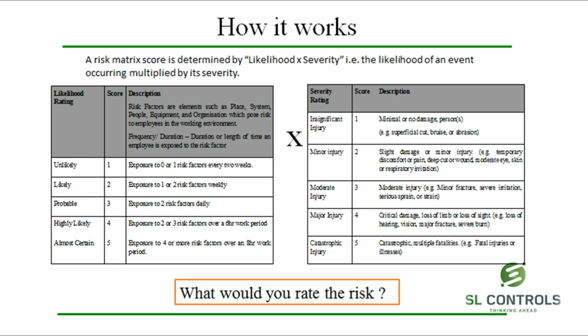Risk factors are elements such as place, which involves your work area and workstation, systems such as policies and procedures in place, people, whether the people are experienced, competent, and have knowledge in the work being carried out, equipment, if it is maintained and suitable for the job, and finally, organisation, the company you work in, and all systems they have in place. Frequency or duration is the length of time an employee is exposed to the risk factor of the work environment. The higher the frequency or duration of exposure to the employee, the higher the risk.